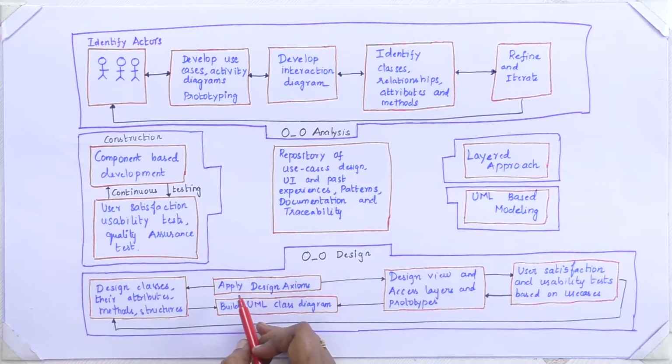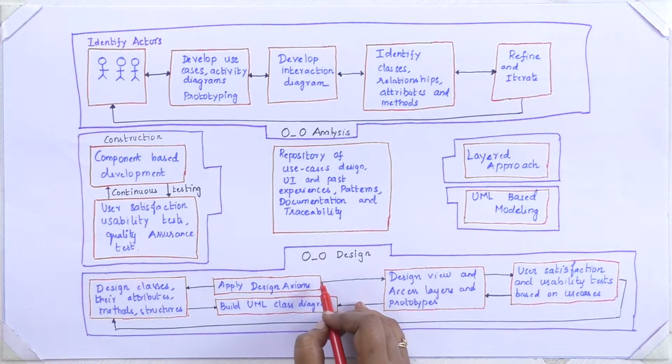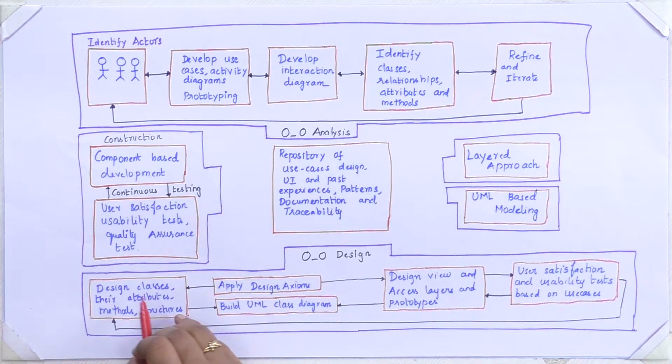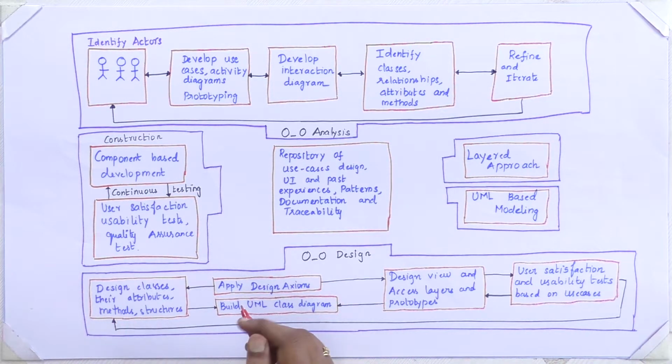And then you will be applying the design axioms, in the sense that if some rules are there for designing the classes, those rules and conditions can be applied when developing these classes. Then you will be building the UML class diagram after designing the classes.